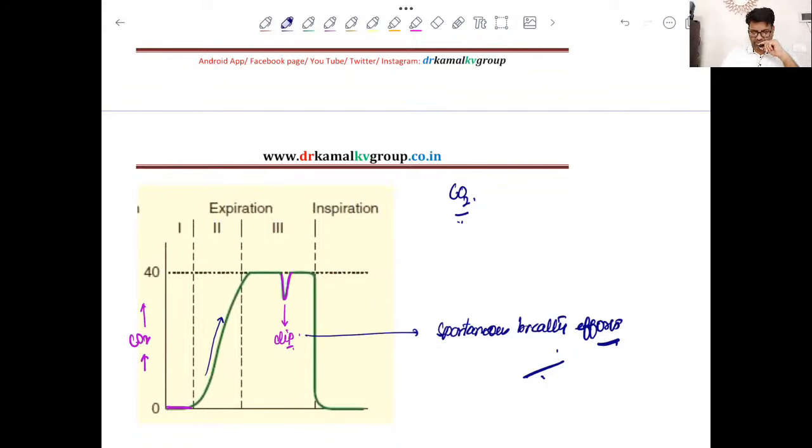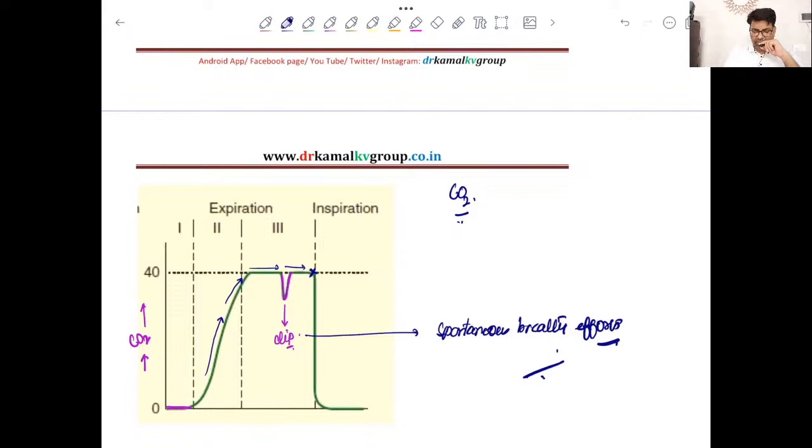So this CO2 will keep on increasing, and in phase 3, when there is carbon dioxide coming from the alveoli, we will have the highest level, and it will show almost a plateau. So there is a plateau, something like this, and the maximum level is this, right?